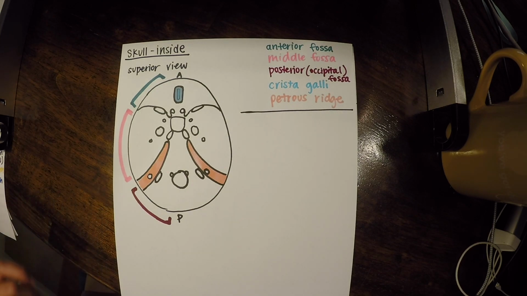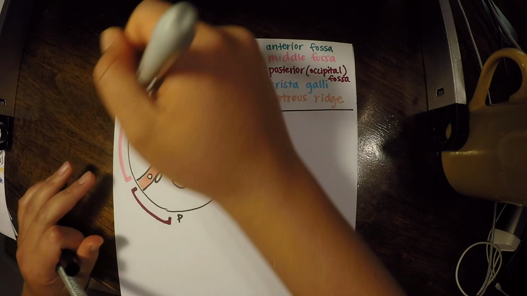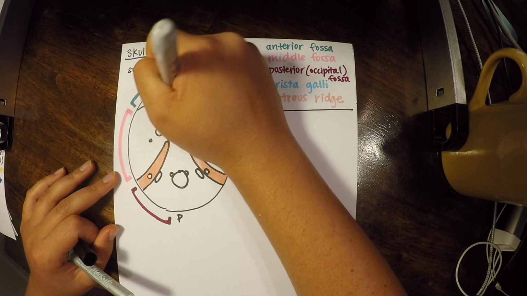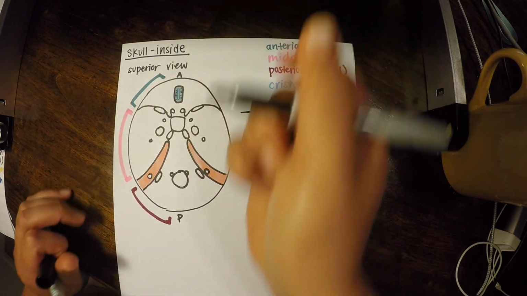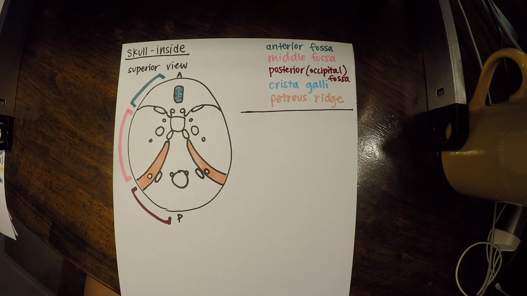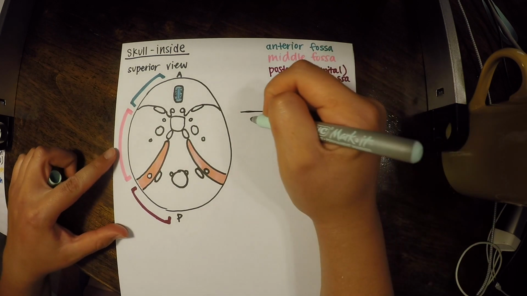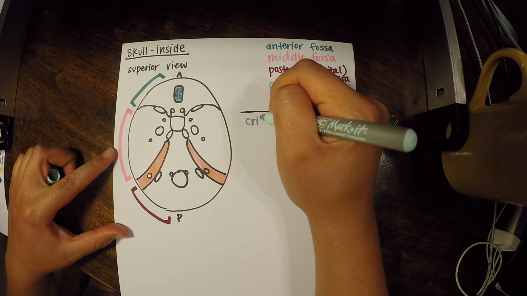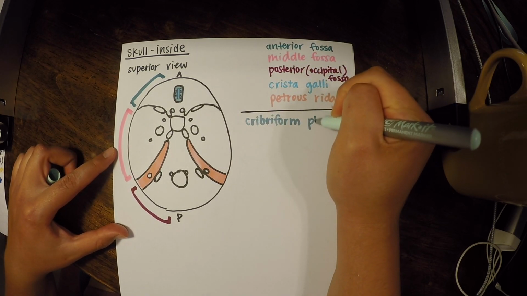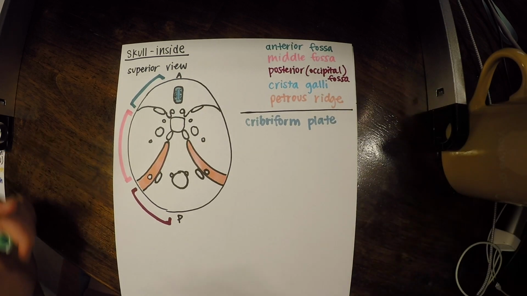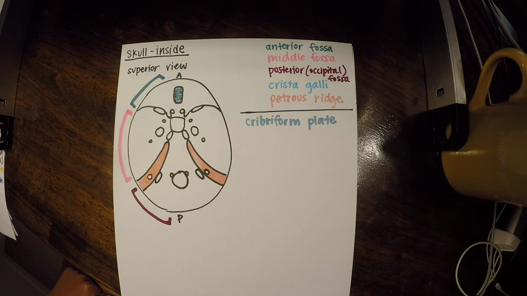Now I'm going to add a couple little black dots here to remember this, and let me explain that in just a second. First, let's label that. It is our cribriform plate.